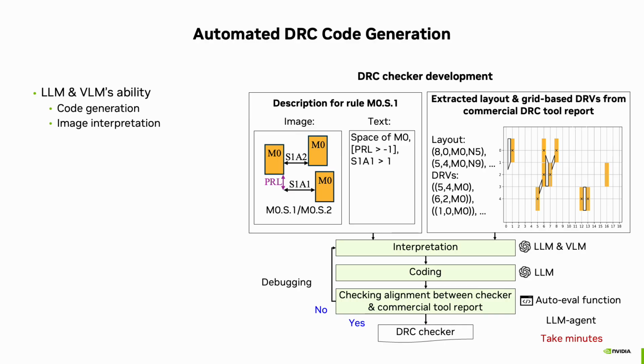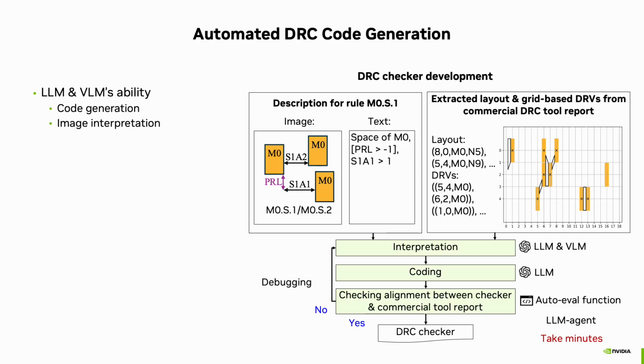In interpretation, we can use the LLM and the VLM together. And in the coding, we can use the LLM to help us. And finally, to check the alignment, we can design an auto evaluation function to help us.